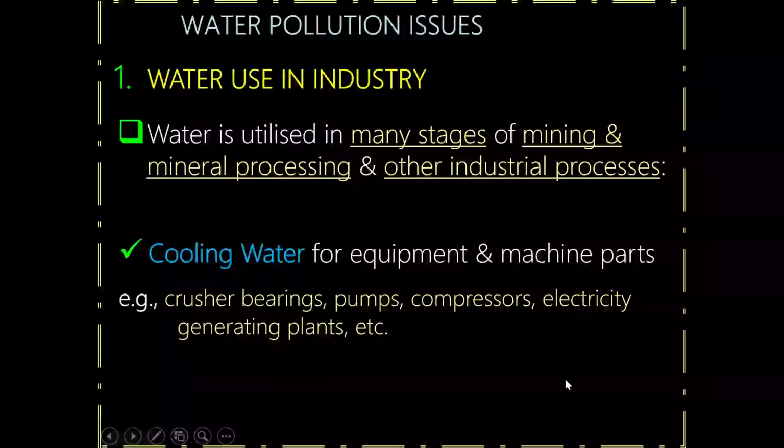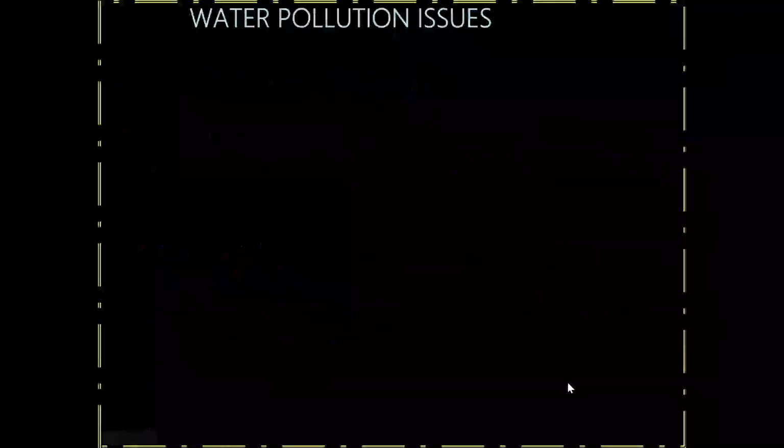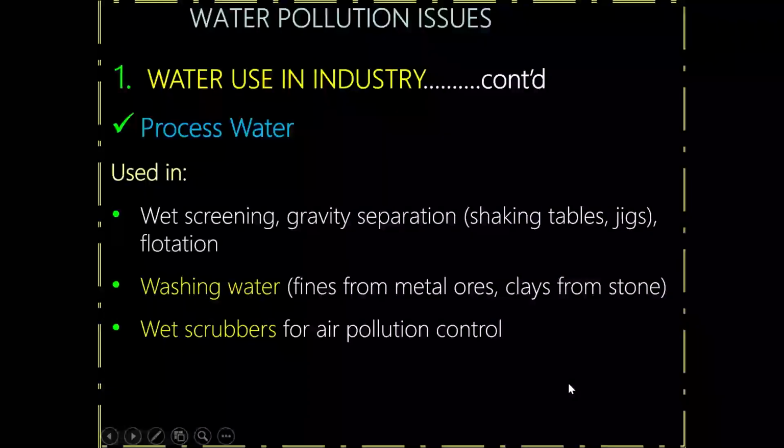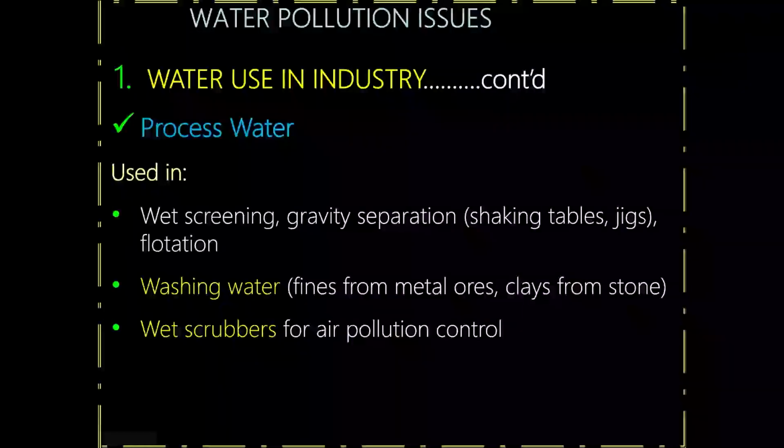Now, let's look at the next process, the use of water in the industry. Now, we said processed water. It is used in wet screening, gravity separation, that is shaking tables, gates, flotation, washing water, fines from metal ores, clays from stone, and wet scrubbers for air pollution.